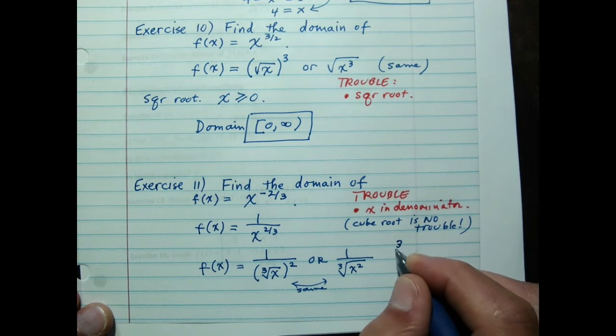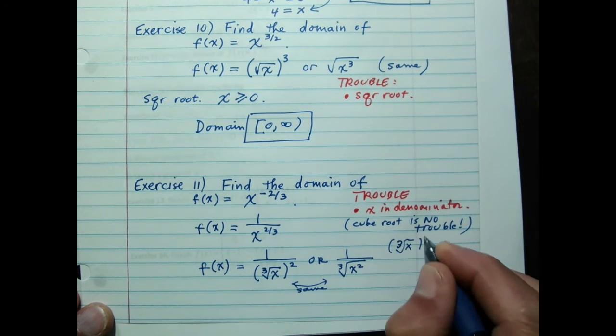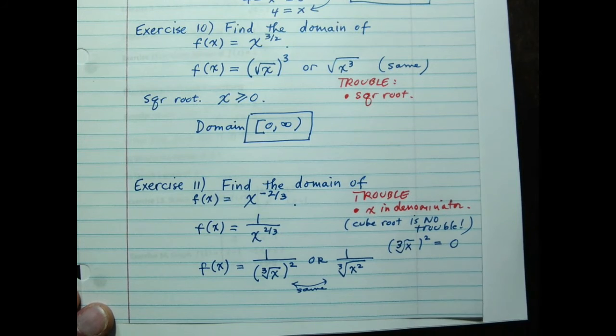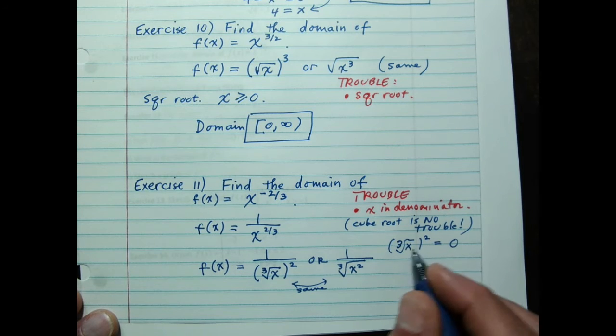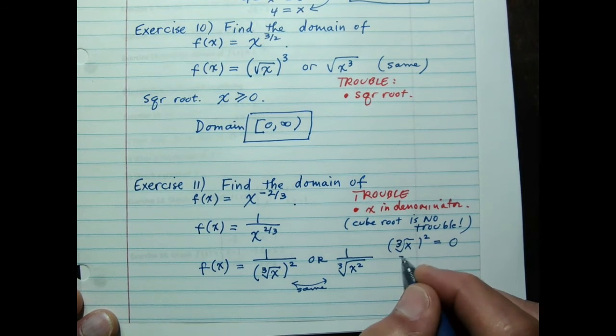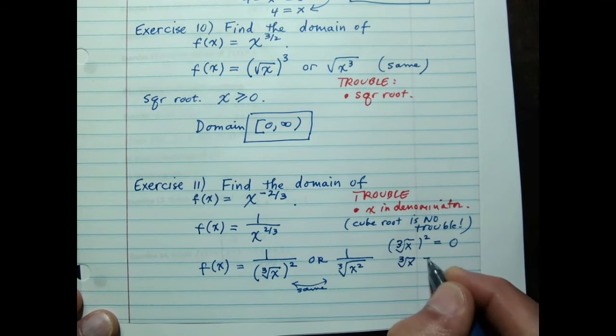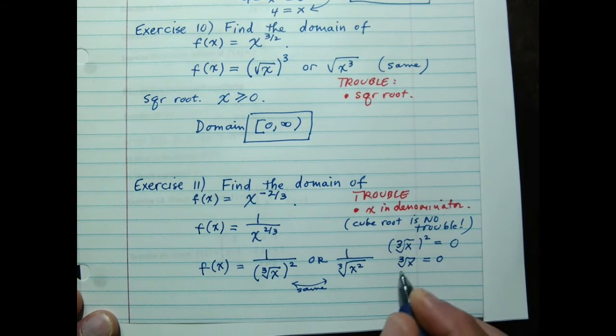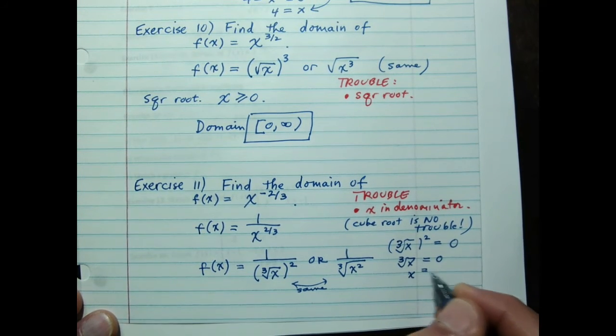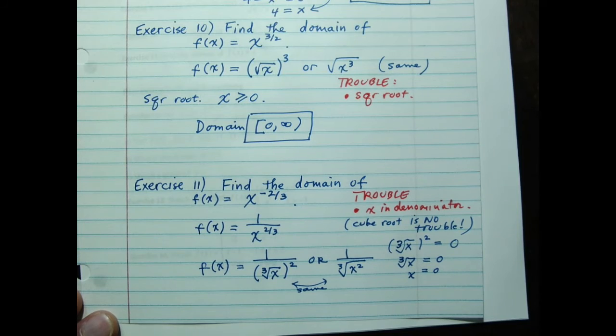So when is the cube root of x squared equal to 0? And the only way that can happen is if the cube root of x would have to be 0. That's the only way the square of that could be 0. And if you cube both sides, the only way that can happen is x is equal to 0.